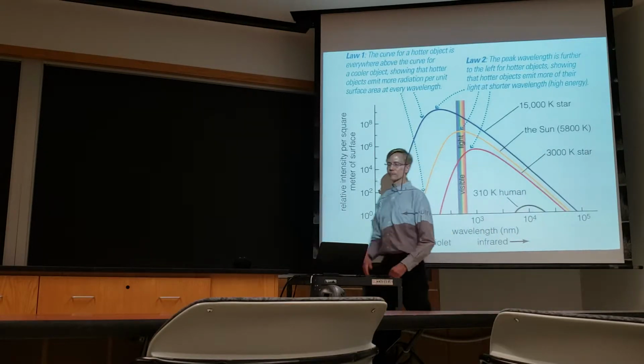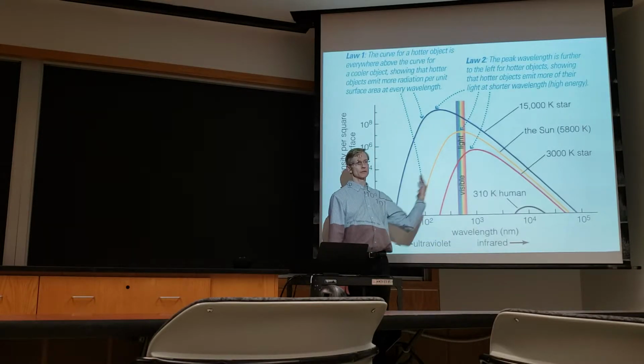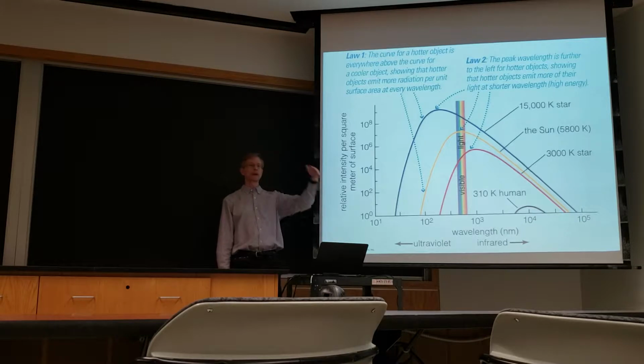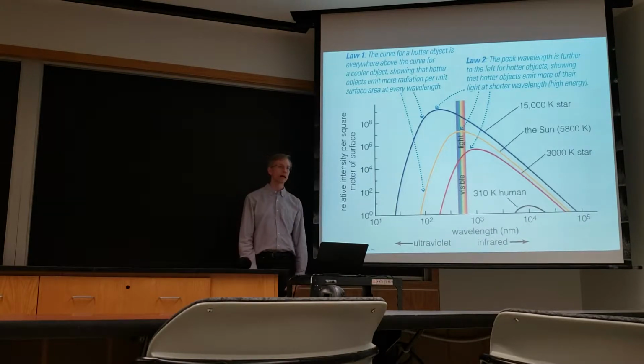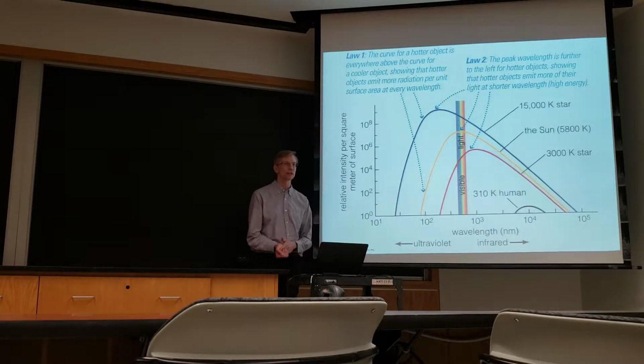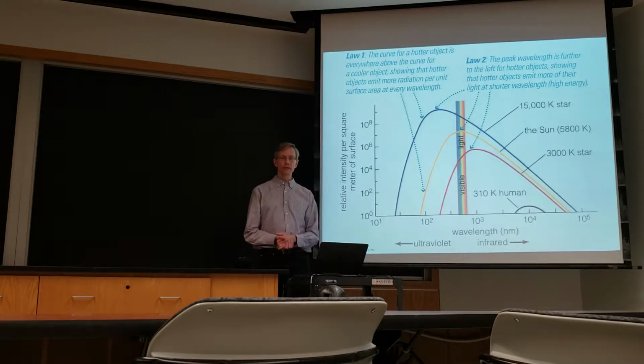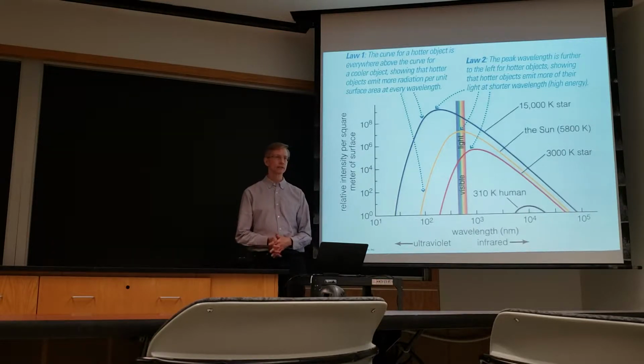So the black body spectrum is, any of these curves is a black body spectrum. It's the plot of brightness versus wavelength for a given temperature of the black body, its spectrum for that particular temperature. No real objects are black bodies, but things can be good approximations to black bodies under various conditions.